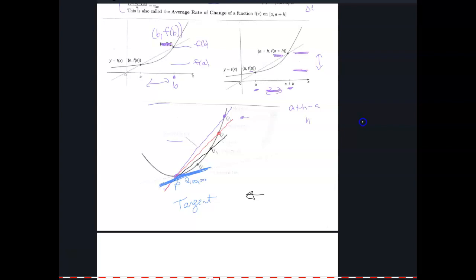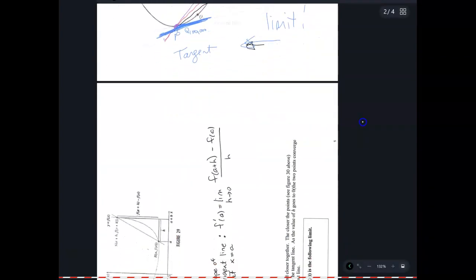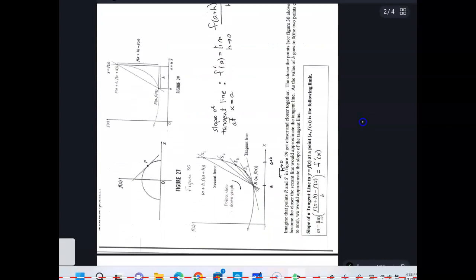So this is the tangent line, and that process of getting closer and closer and closer is a limit. Okay, so here we go. This is what the picture looks like as I'm getting closer and closer. Tangent line means this, and now I'm just moving that point in here.